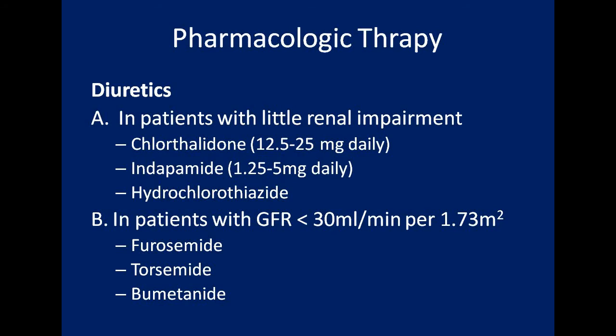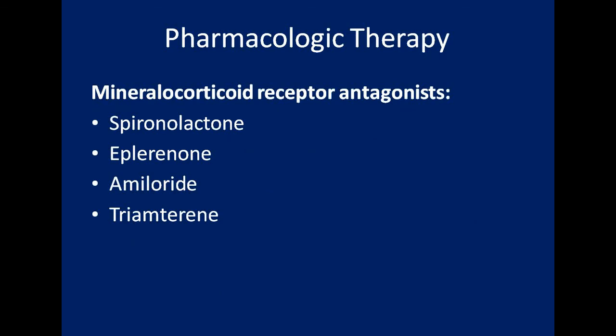And if the patients have a GFR of less than 30 ml per minute, then we can start them on loop diuretics like furosemide and torsemide. Similarly, in a selected group of patients, we can use mineralocorticoid receptor antagonists like spironolactone and eplerenone.